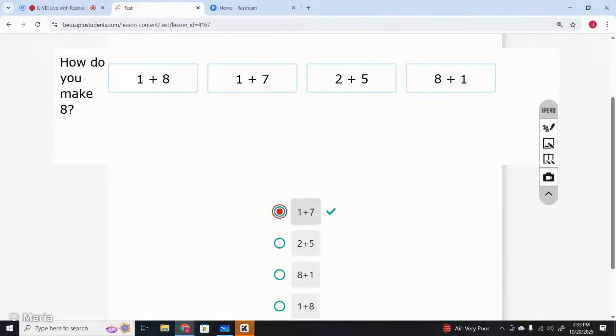Option number 1 is the correct option. How do you make 4?